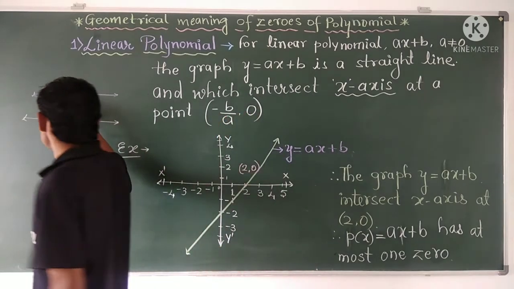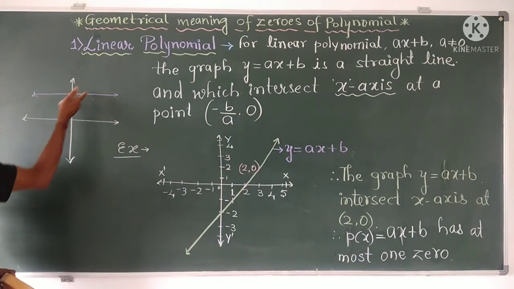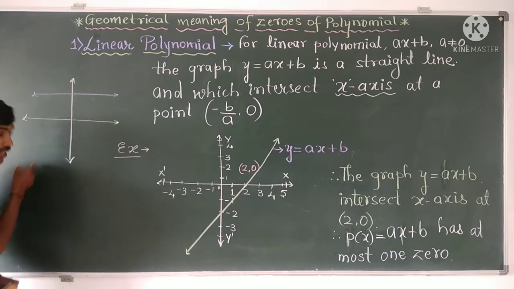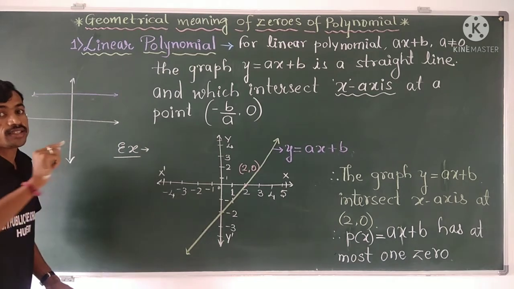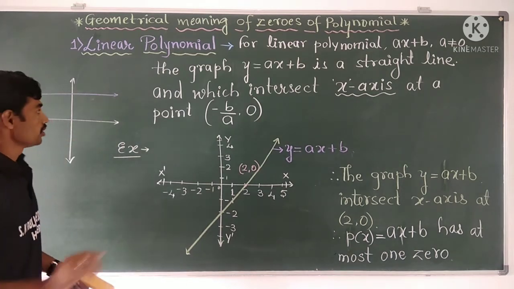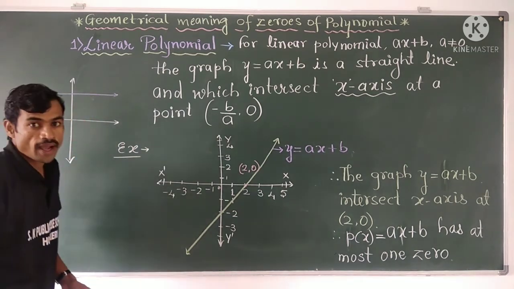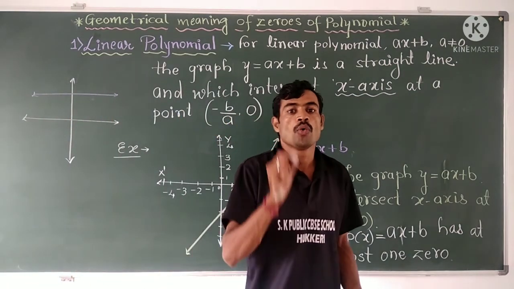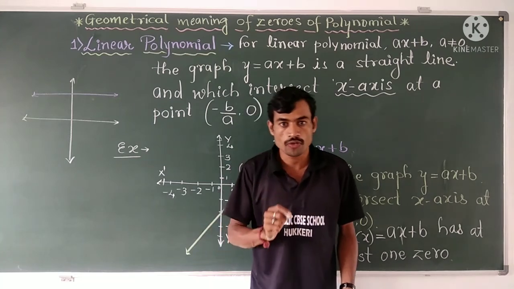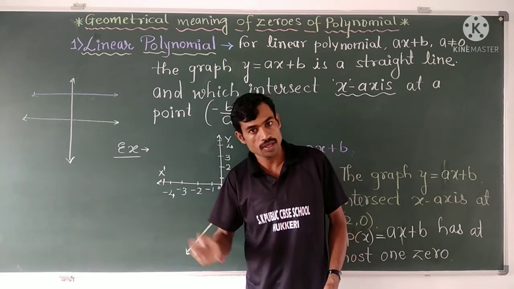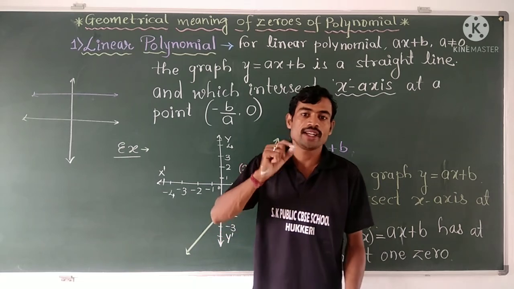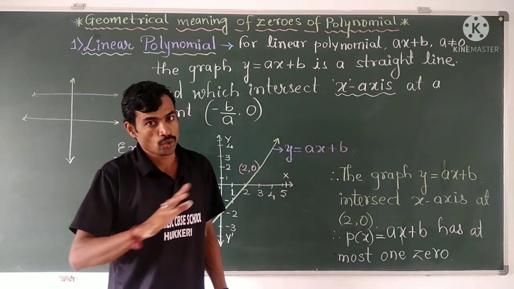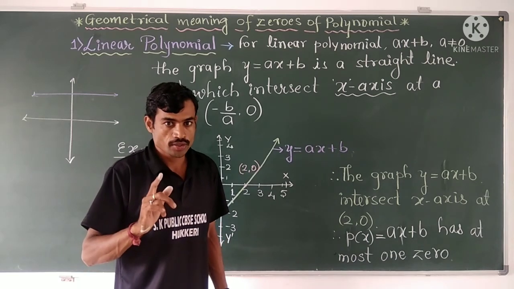It means this line does not intersect the x-axis at any point. Therefore, this graph has no zeros. If the graph y equal to p of x, that is ax plus b, does not intersect the x-axis, then it has no zeros. Clear? Understood?